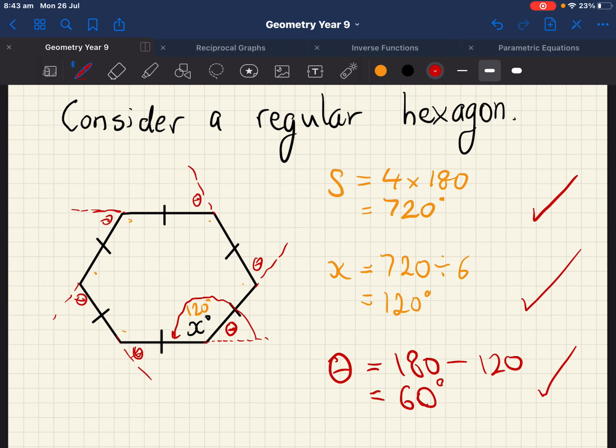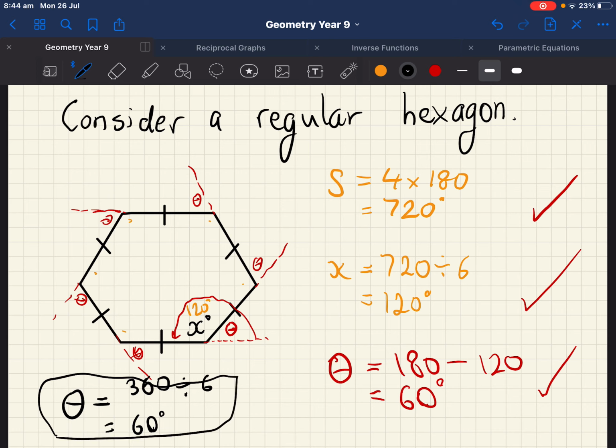That means, if you want to find the exterior angle for a polygon, a regular one that is, where all the exterior angles would be the same, since all of the exterior angles add up to 360, you can actually just take 360 and divide it by the number of exterior angles. And in this case, it's a hexagon, there's 6 of them. 360 divided by 6 will end up getting us 60 degrees. Notice that's the exact same answer we got here by doing all of our steps properly.